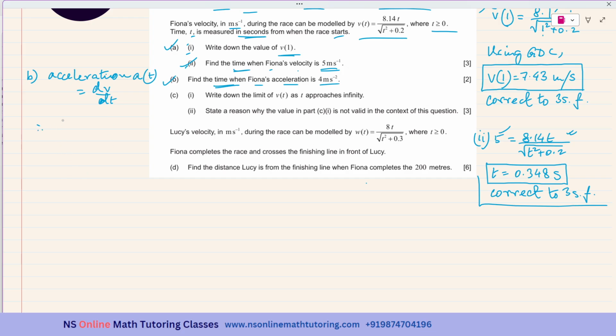So therefore, 4 is equal to d dt of the velocity expression, that is 8.14 t over square root of t square plus 0.2.